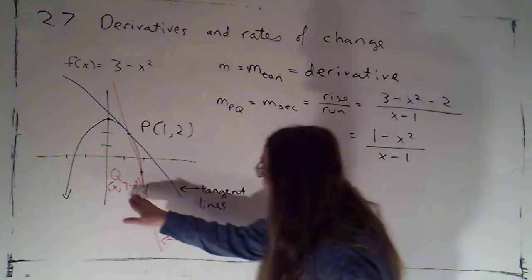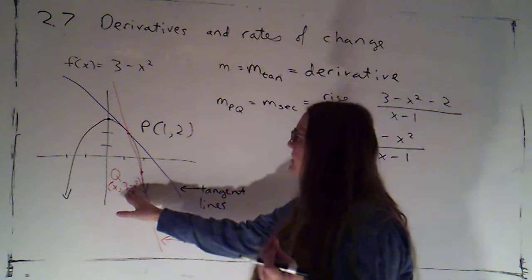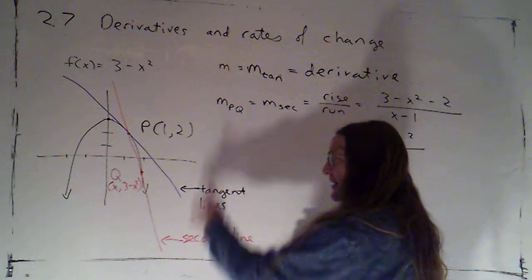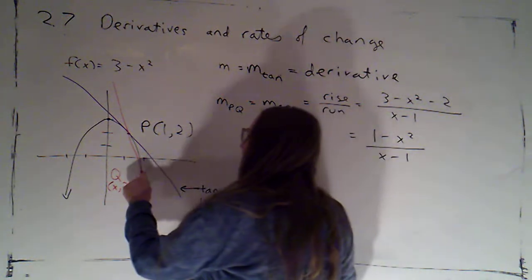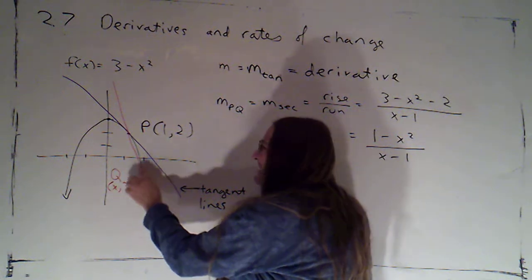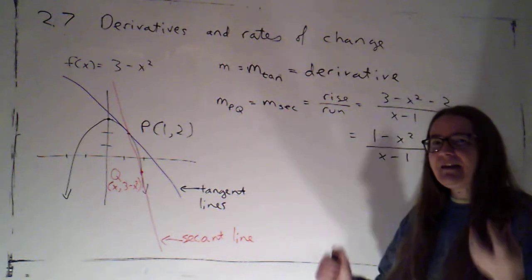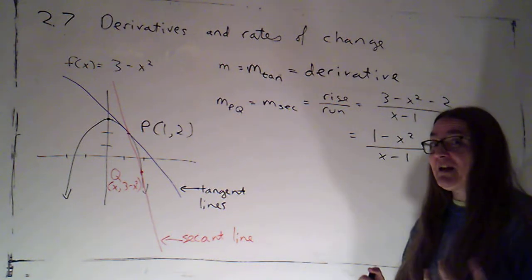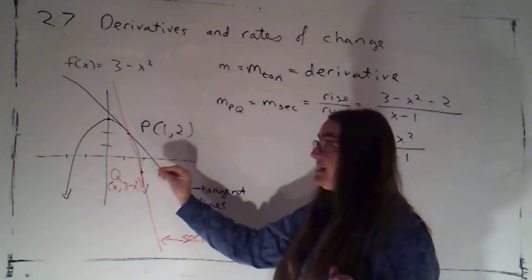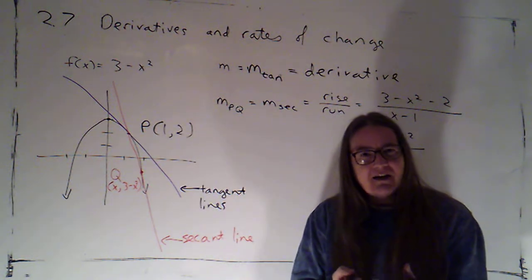Now I purposely let q be an arbitrary point so that I described it with variables, because we said if we want to try to get the slope of the tangent line, we can approximate it with secant lines, but we tend to get better and better approximations as we choose q, our second point, to get closer and closer and closer to point P. And that was where the notion of a limit first came in, because we wanted to get arbitrarily close to point P, which would be where x was 1, but we can't actually get there.